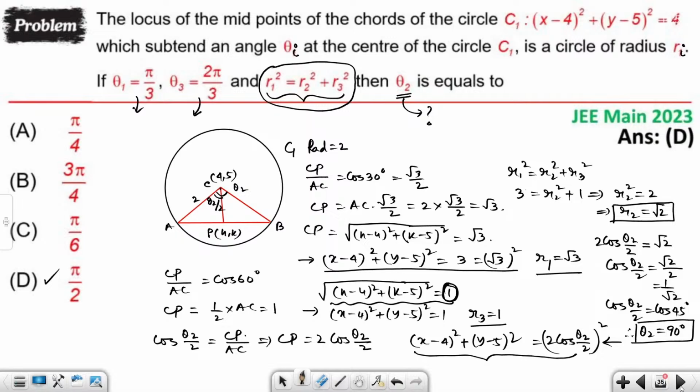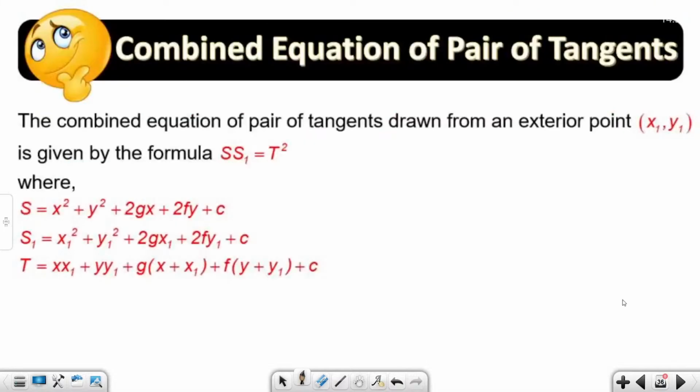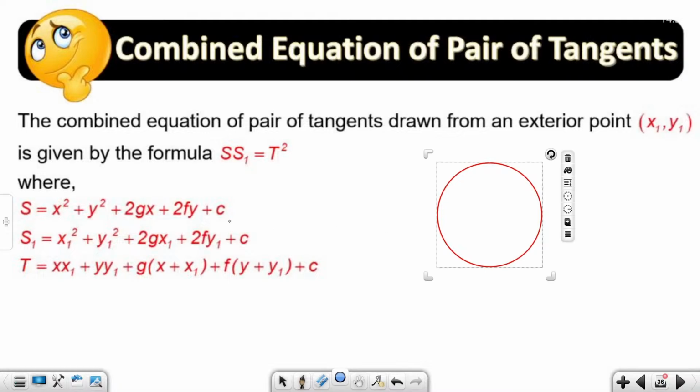So now let us come to the next point, which is called combined equation of pair of tangents. No proof is required for this one. Simply remember how I'm doing. They have said that suppose there is a circle. This is my circle, which is already given here as S equals 0.